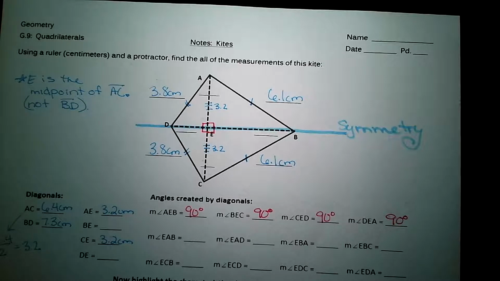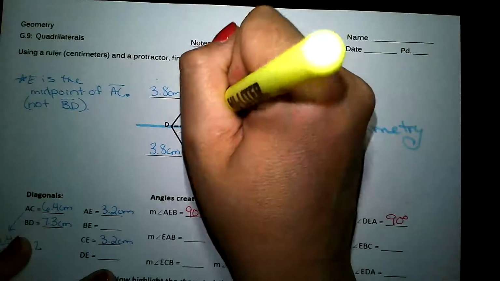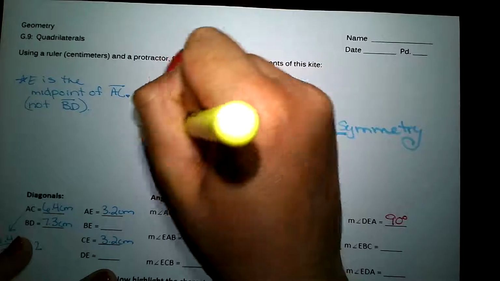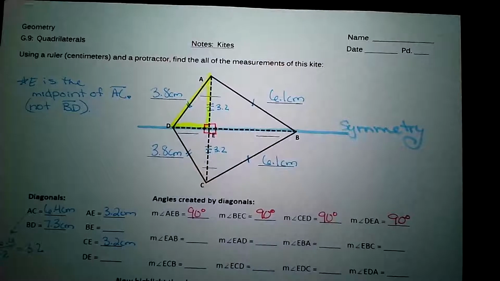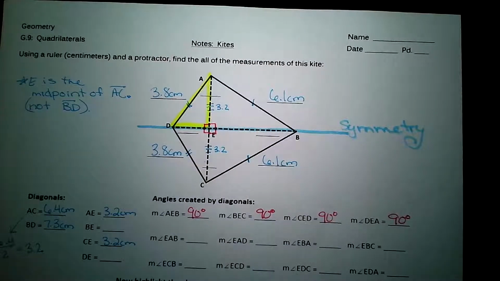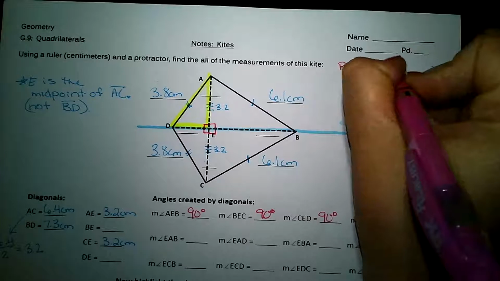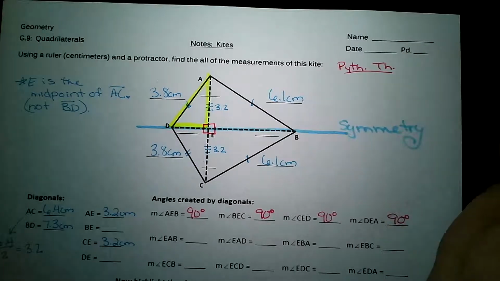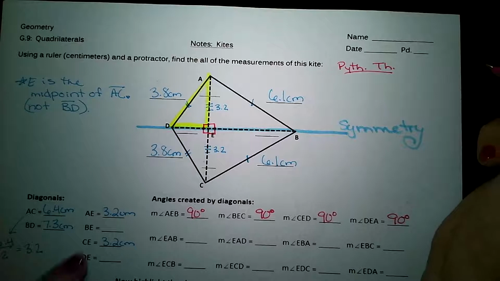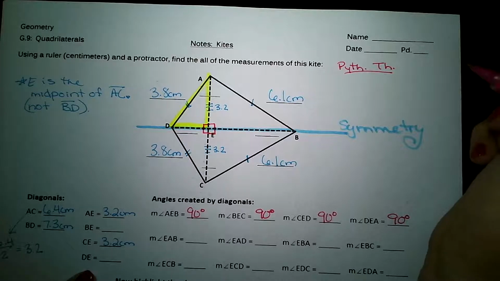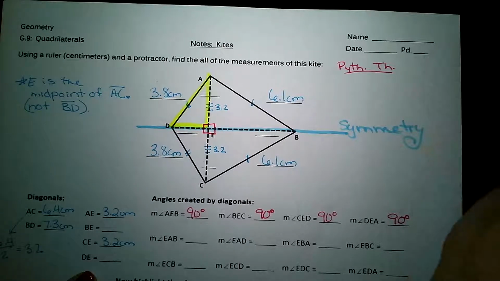if you have a right angle, you also have a right triangle. And if you have a right triangle, I hope something major is flashing in your head. If you have a right triangle, you have Pythagorean theorem. So instead of grabbing my ruler to measure BE and DE, I'm going to use the Pythagorean theorem.